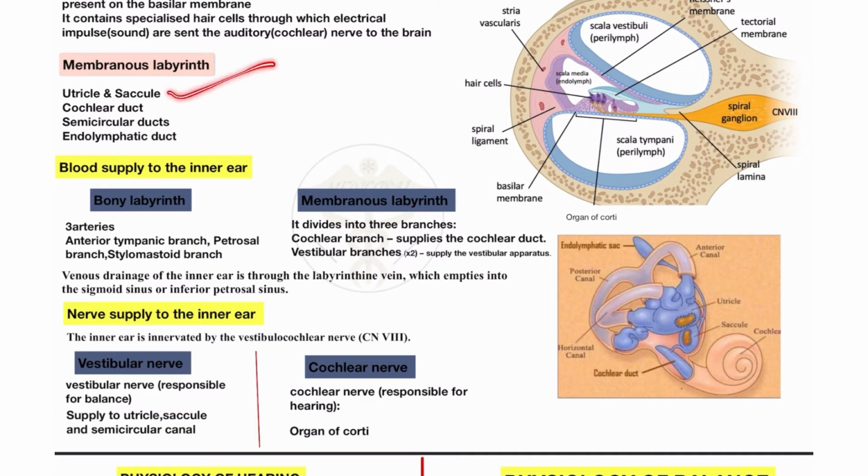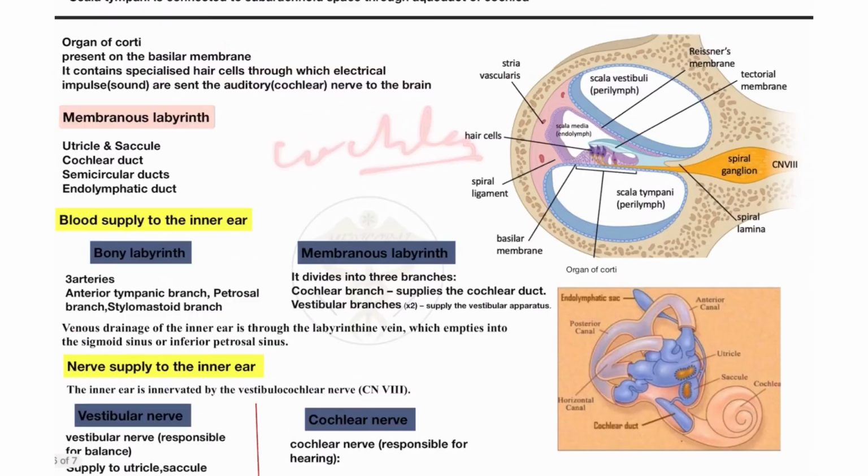So the utricle and saccule are membranous labyrinth parts. The cochlear duct is also a membranous labyrinth part. The semicircular duct is a part of the membranous labyrinth, but the semicircular canal is a part of the bony labyrinth. Also the cochlear duct is a part of the membranous labyrinth, but the cochlea is a part of the bony labyrinth.